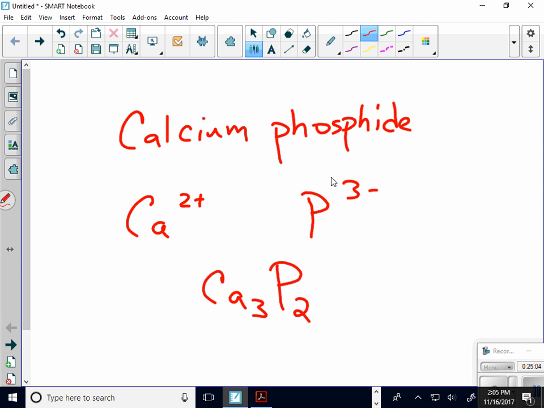You're going to be naming these things bam, bam, bam, bam, bam, because we do it enough. You're going to know that calcium's a 2+, phosphide's a 3-. You're going to know some of the polyatomics, committed to memory. But we're starting off nice and easy, binary ionic, binary meaning 2, so there's only 2 elements. We're going to throw in some polyatomics tonight.